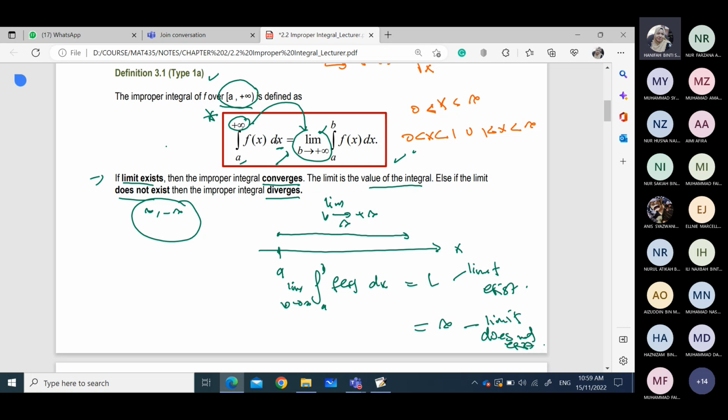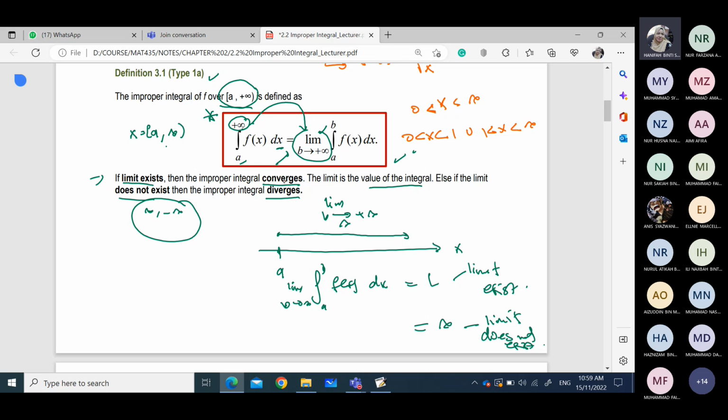So when you see an integral with a limit like this, you understand that a to infinity is an interval of x. It consists of values of x. So what are the values of x here? It is x equals a and it goes to infinity.